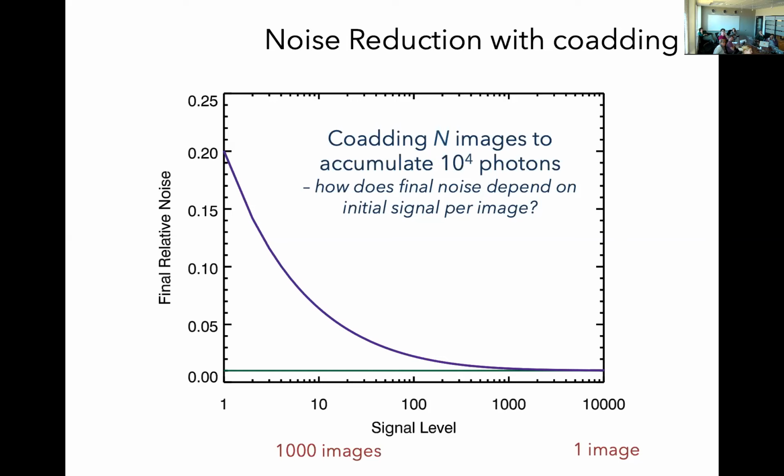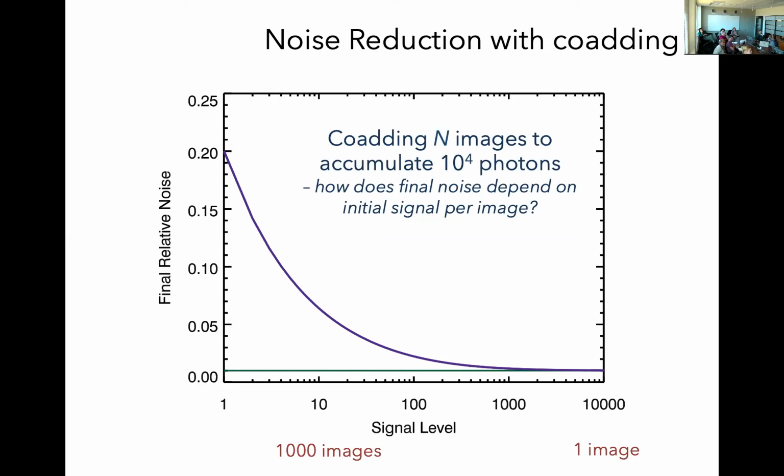Maybe I can't accumulate that long, and so I have to take a lot of shorter exposures. Maybe if my signal level is just 100 per image, then I have to take 100 images to add it up. And so that blue line tells you, when you've co-added whatever number of images you need at that signal level to get to the same number of photons, what is your final relative noise?